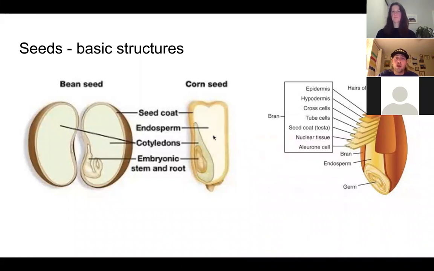as you can see, for a monocot like the corn, they have what's called the endosperm, which is that energy storage area that's got all that carbohydrate nutrient that the seed needs to basically live in a somewhat dormant form while it's waiting for the proper conditions. And for a dicot seed, that energy storage is in the cotyledons here.